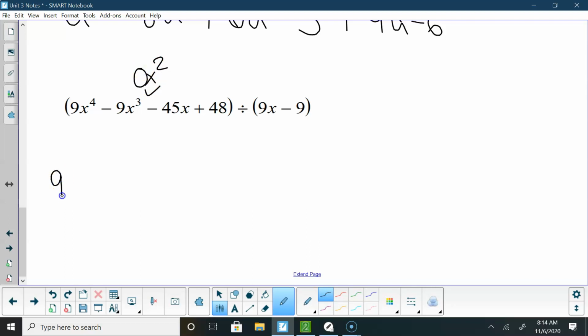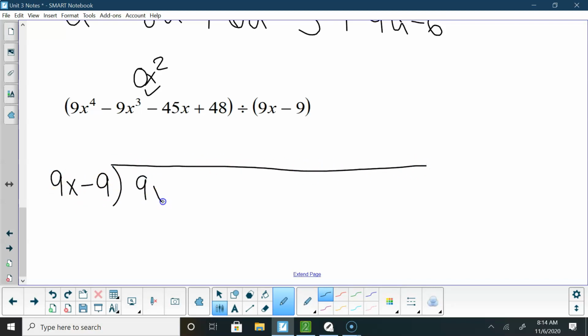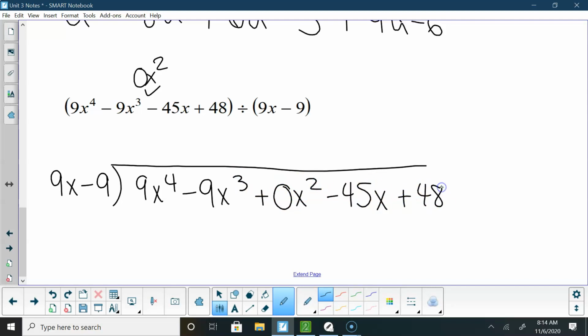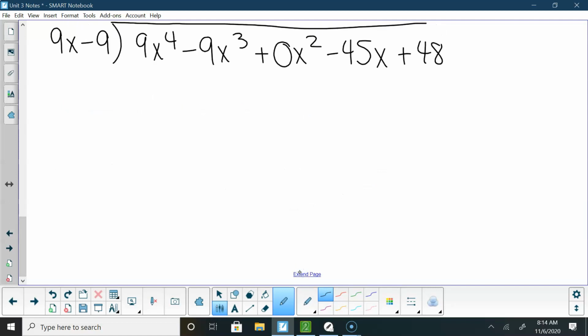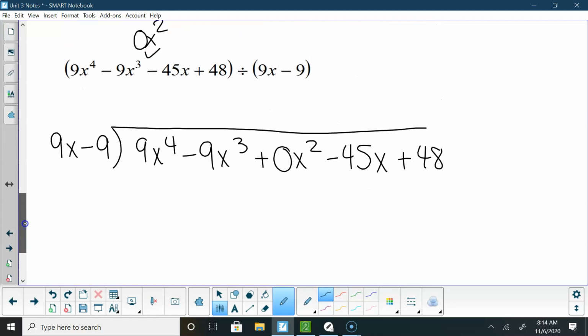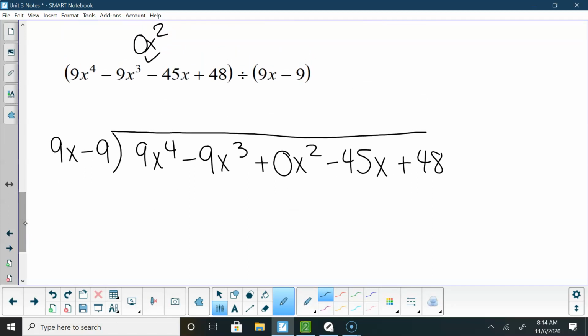So when I go to do my division, 9x to the 4th minus 9x cubed plus 0x squared minus 45x plus 48. Have to make sure you have that blank part in there.